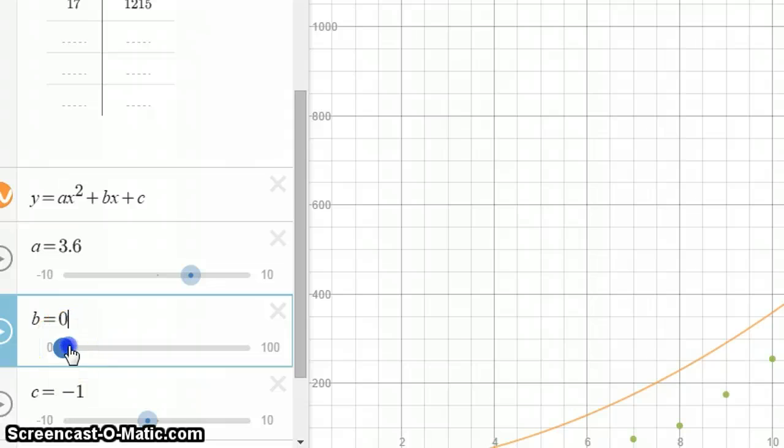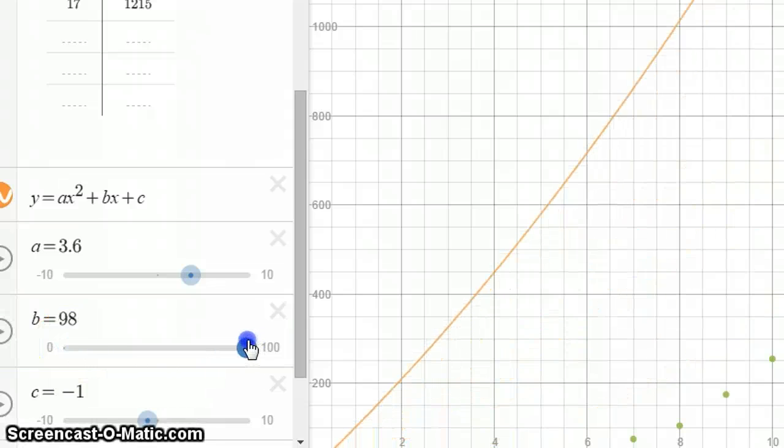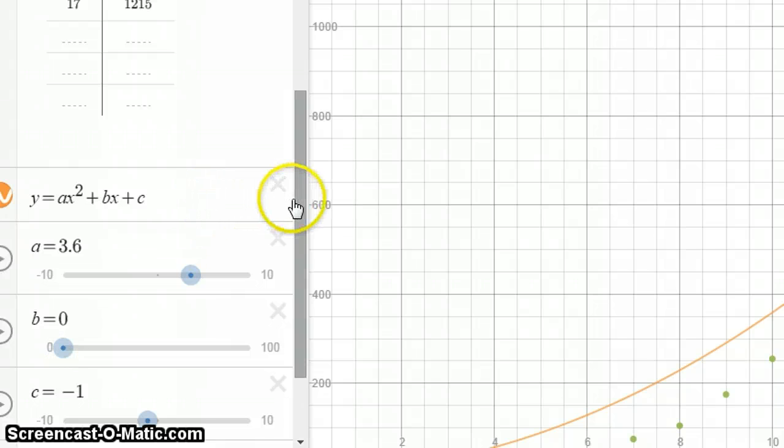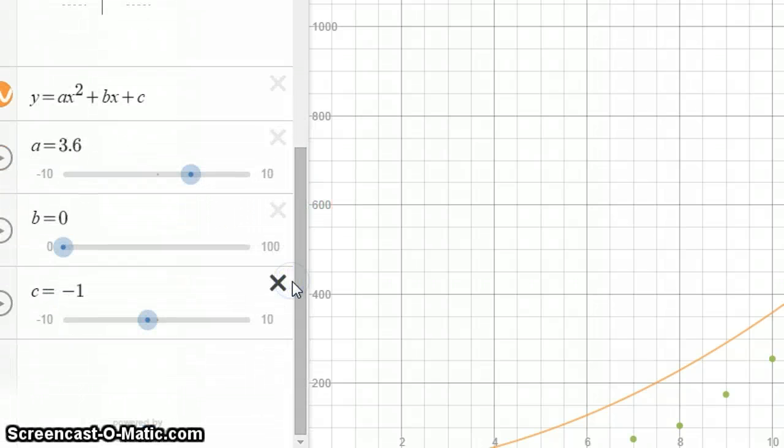And now your slider goes up all the way up to 100, and you can change it more. Okay, and this is a way that you can approximate the best fit, but this will not give you the exact best fit or best model. To get the best model, what you need to do is a regression.